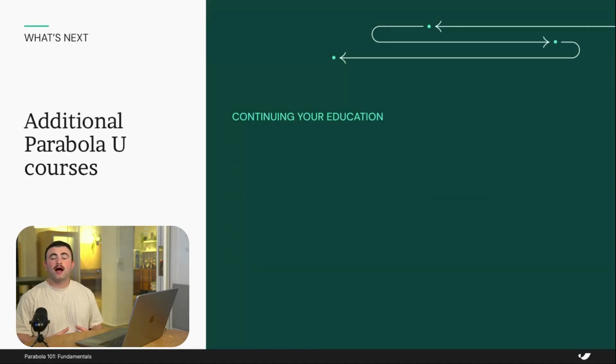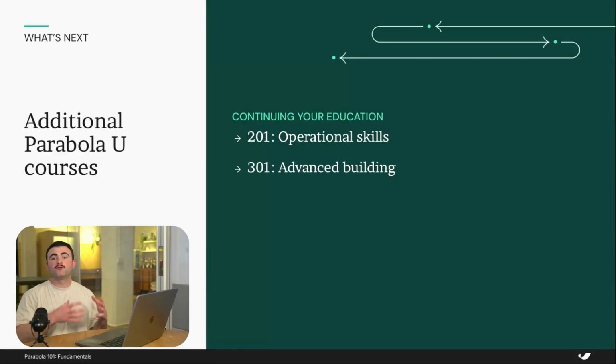As we wrap up, I'll highlight a couple other Parabola University course series. Our 201 courses, focused on operational skills, go in depth on specific pieces of functionality, like how to extract data from emails and PDFs, and advanced methods for combining and comparing data. Our 301 course is designed for users who want to go from proficient builders to true power users who know the shortcuts and the best ways to actually architect automations across your organization.